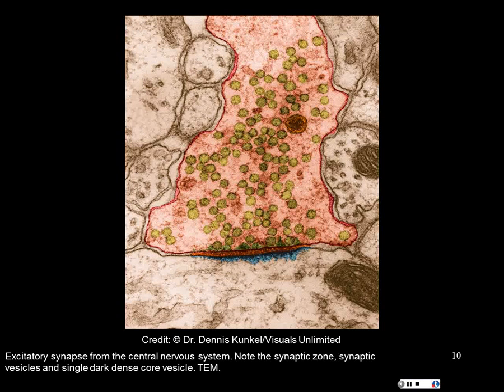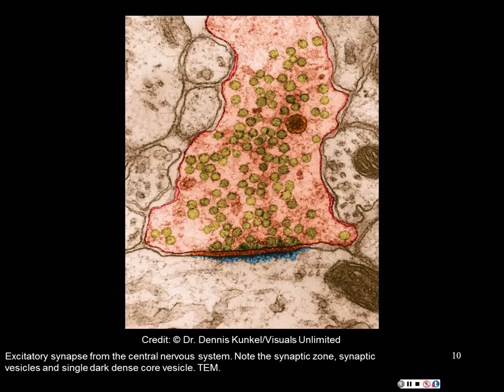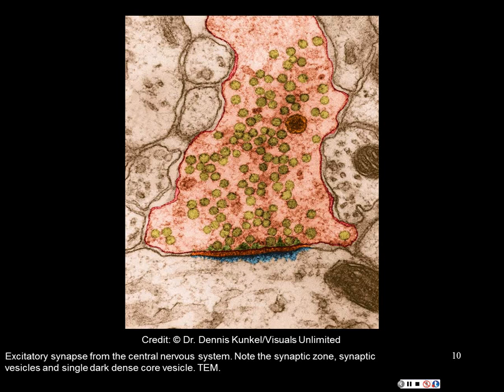So draw something similar to this so you understand that there is a little bit of an interstitial space between the pre and the postsynaptic cell, identifying all the structures that you have listed there in your handout. So axon terminal, vesicles with neurotransmitter, voltage-gated calcium channels. Where are they located?